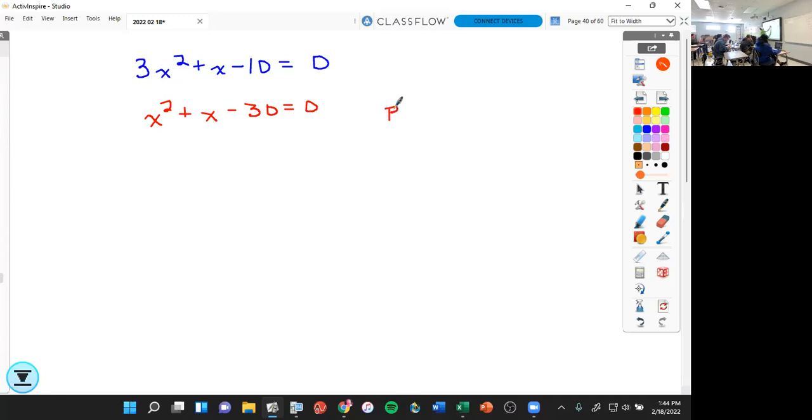I need a product of negative 30. This hasn't changed. They combine to 1. This hasn't changed. And those numbers are? Well, here's the deal. A is 1. If my numbers are 6 and 5, it factors easily, right? It factors into X plus 6 and X minus 5.